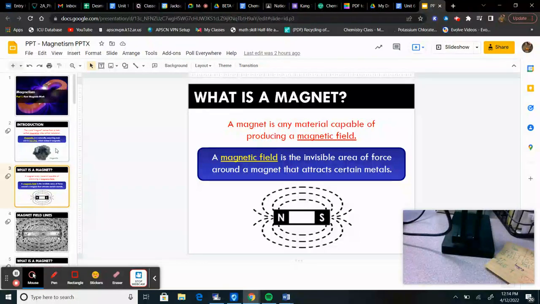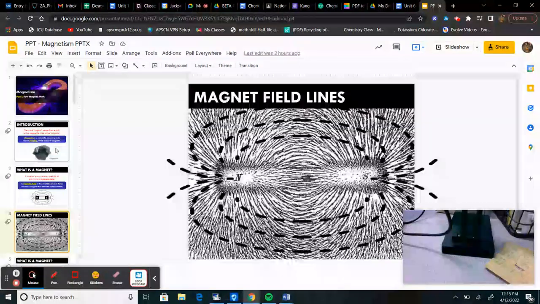And we know that this magnetic field exists because, let's say that we have our magnet, it's attracting the other metals, and we have little iron shavings here. And these iron shavings are creating a pattern that we can actually see as magnetic fields.